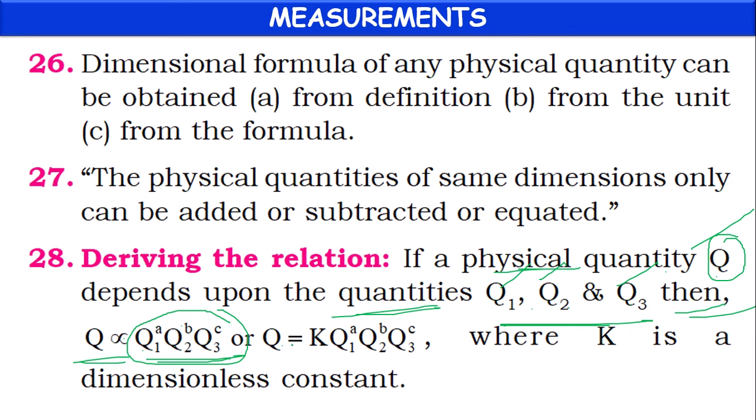Or Q equal to, if we equate them along with the dependent quantities, we will get one extra constant, which is K, a dimensionless constant.